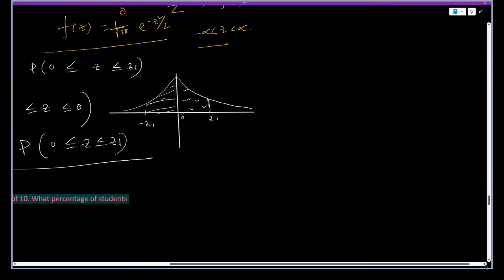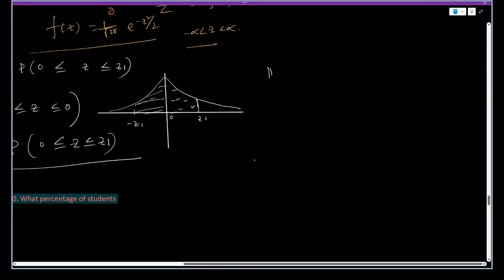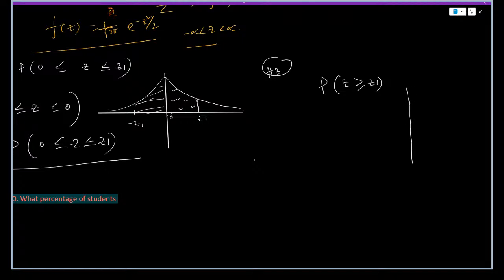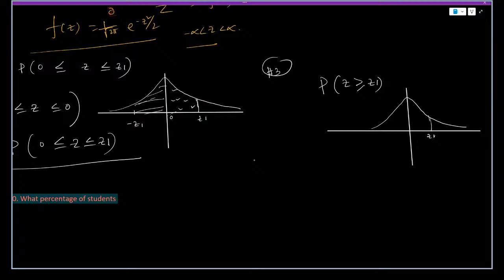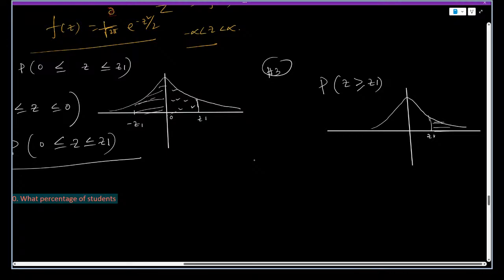Let us discuss a few more properties. Number 3: P(Z ≥ Z1). Every time if you draw a diagram, it will be easier for you to get the idea. In the standard normal curve, Z1 is this point, and we require the probability of the shaded region greater than Z1.